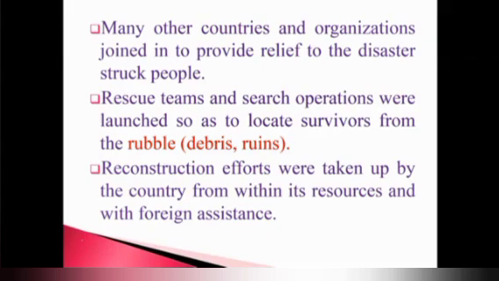Then rescue teams and search operations were launched so as to locate survivors from the rubble. Rubble means debris or ruins. Then reconstruction efforts were taken up by the country from within its resources and with foreign assistance.